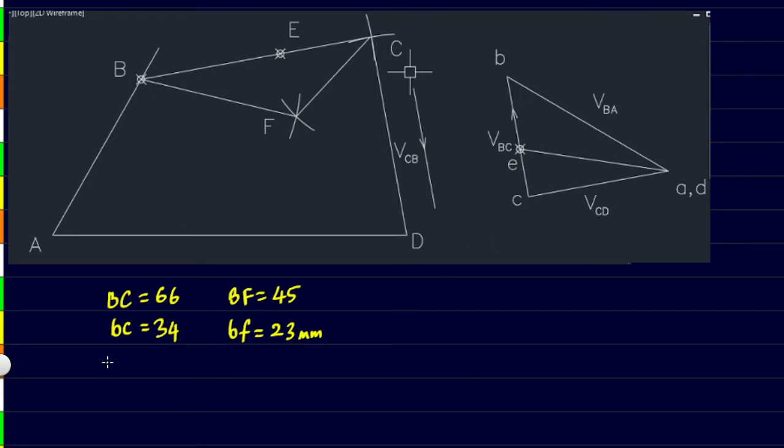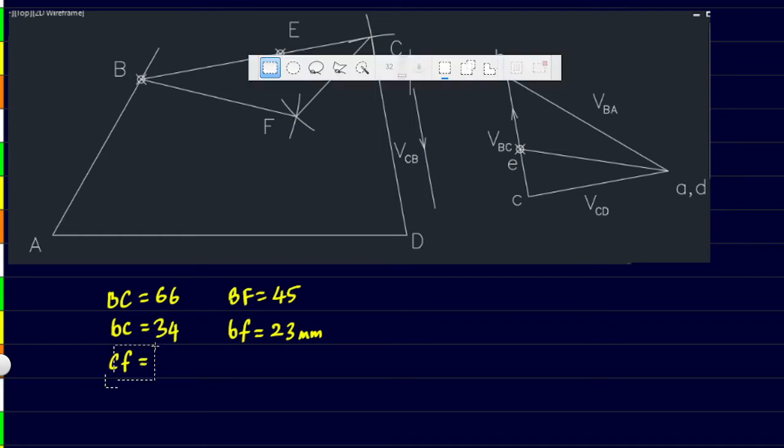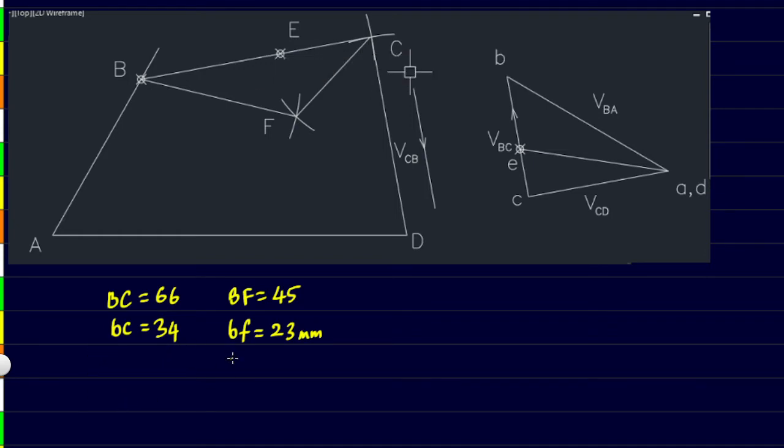And similarly we'll have to find cf as well. So capital CF. Okay, so sorry, we have to actually take CF the same way we took BF here. So small cf we'll have to actually find using the length capital CF.